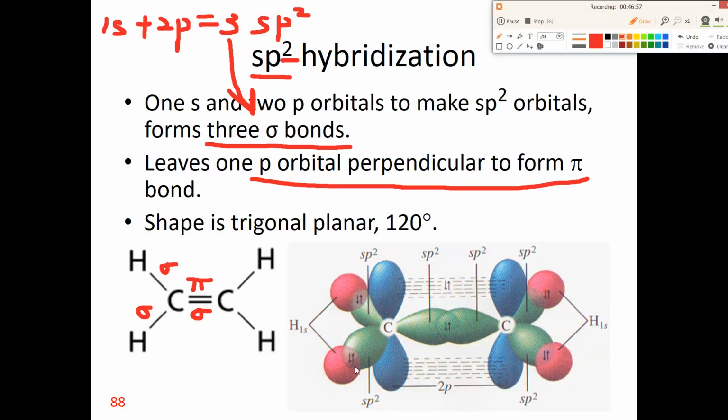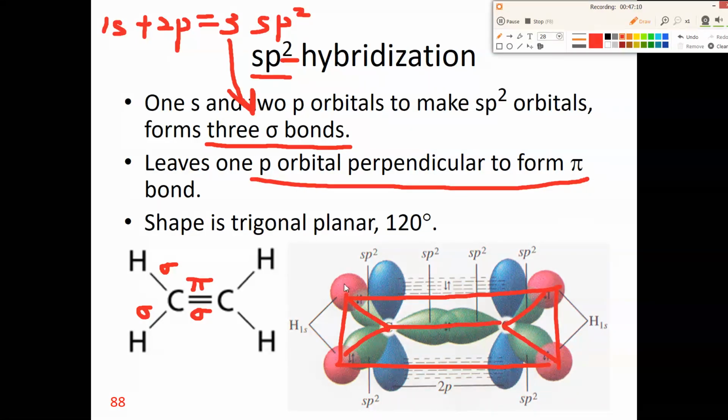If you look at this structure, it forms a plane here. All of those are on the same plane. Everything in red color is on the same plane, right?